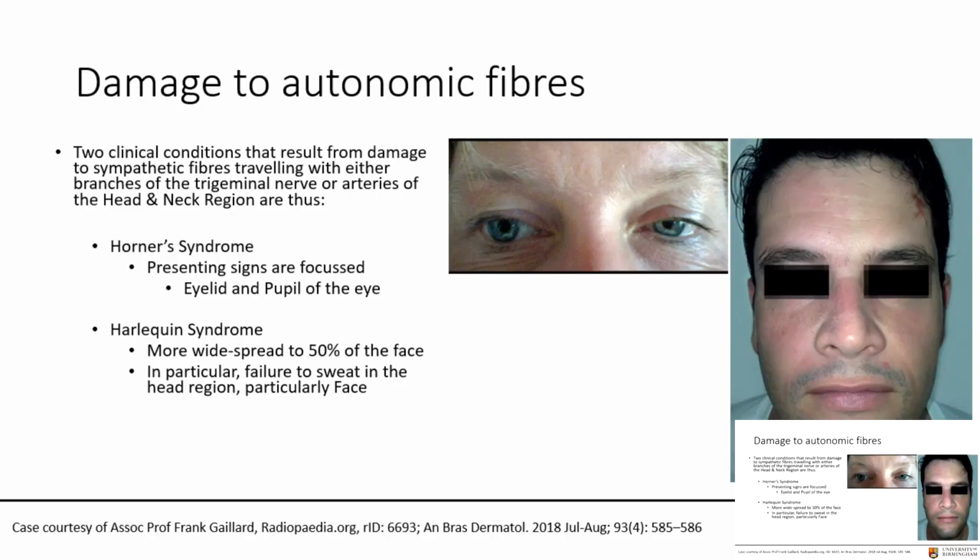The characteristics of Horner syndrome are focused on the eyelids, and in Harlequin syndrome we have one side of the face that fails to sweat and also has redness as a result of increased blood flow in this region. You can see that on the right side of the face.